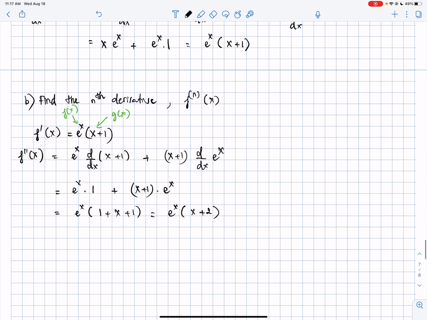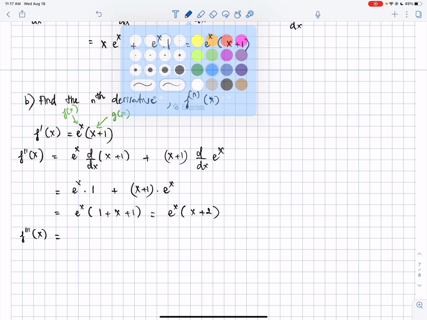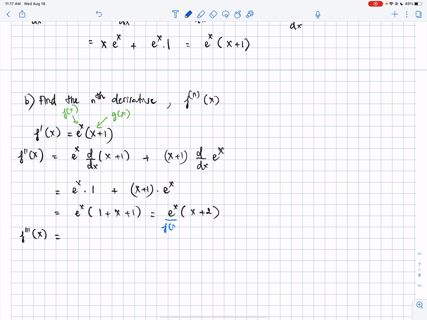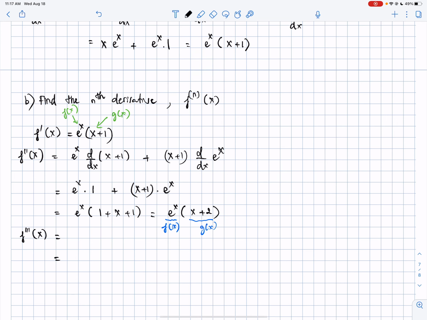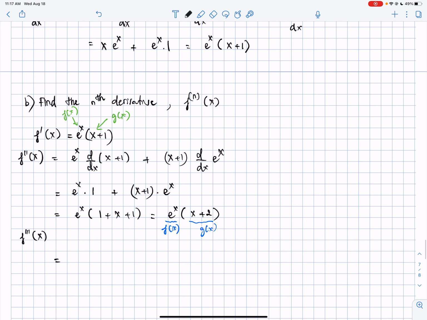So let's do two more, the third and the fourth derivative, then we will see the logic, okay? So this will become the function f of x, and this is the function g of x. So we will have e to the x times the first derivative of x plus 2, plus x plus 2 times the first derivative of e to the x.